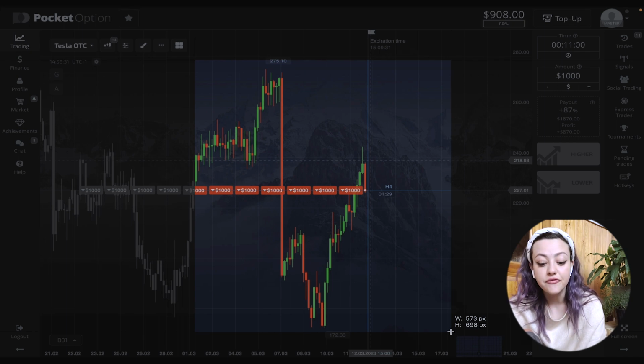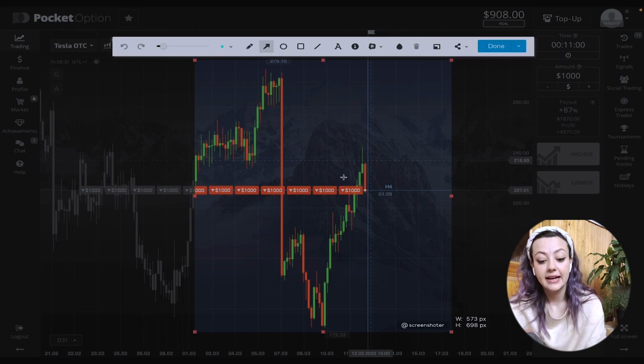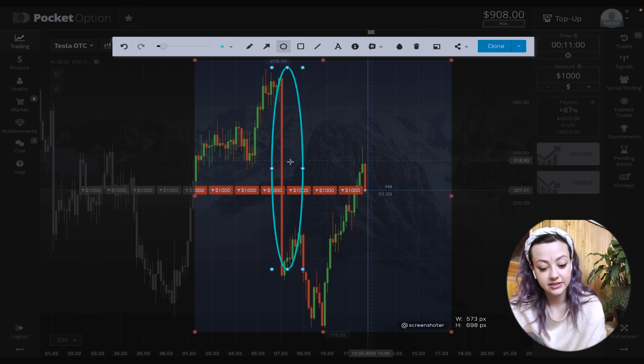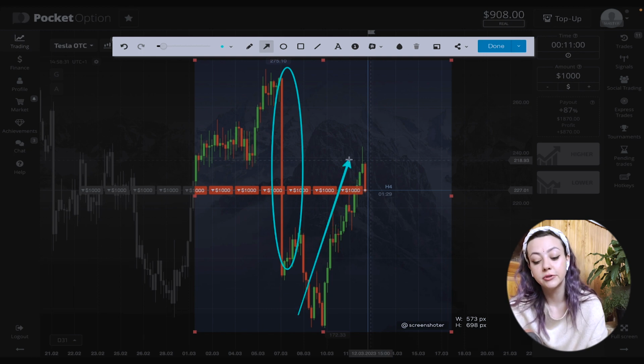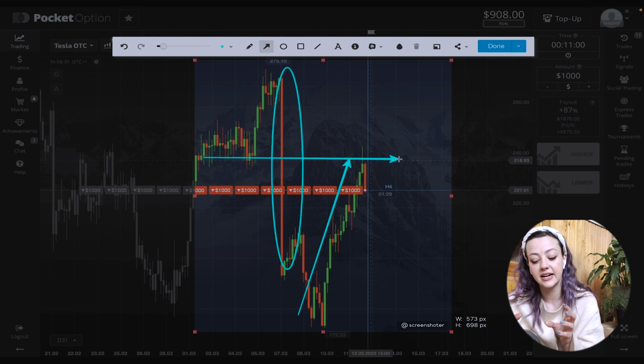So here's a very big candlestick. It is just enormous, and the Tesla stock fell very harshly, and the compensation grew up to the middle of the candlestick, and after that the gap appeared and the shadow of the candlestick.